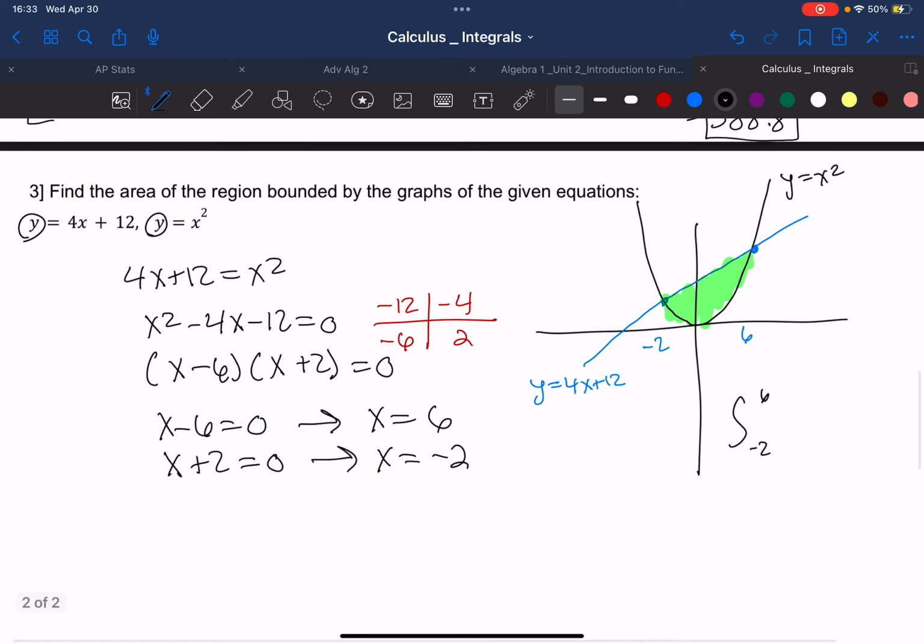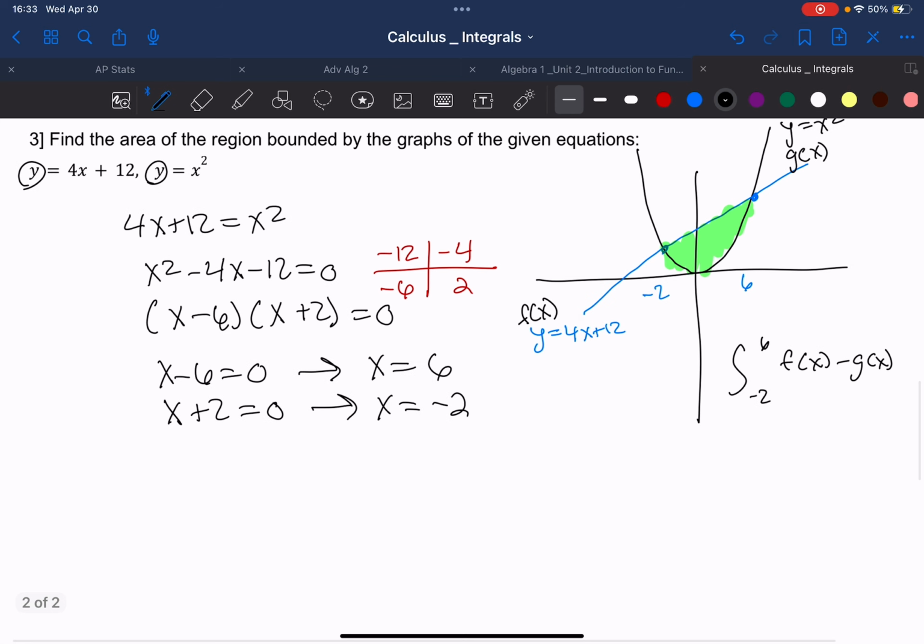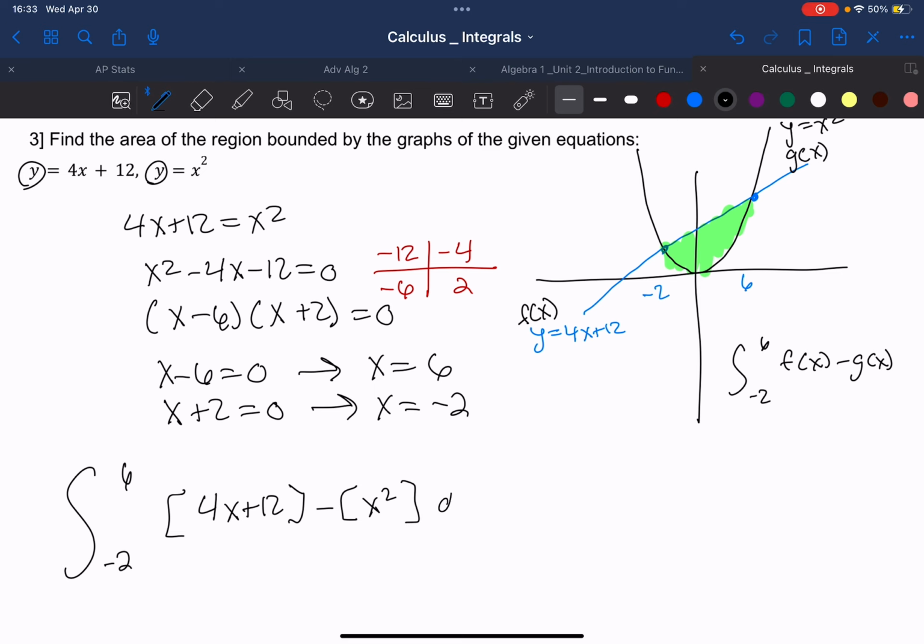So let me go ahead and label this f of x and this g of x. It helps when I'm writing this out here. So this would be f of x minus g of x when I'm setting up my integration. Okay. So then this would be the integral of -2 to 6 of 4x plus 12 minus x squared, okay, dx.